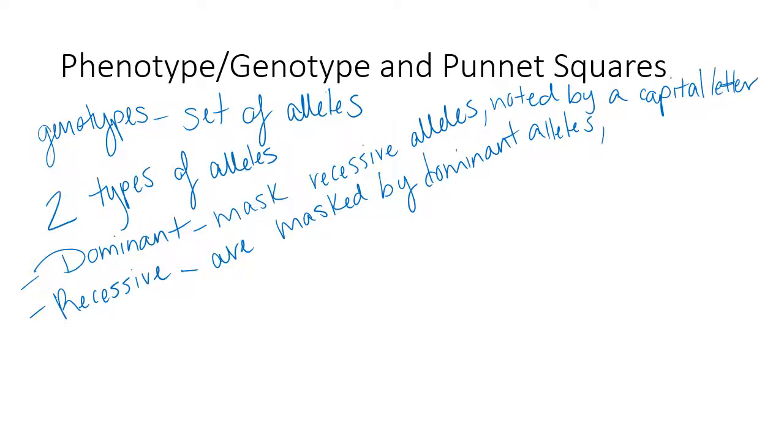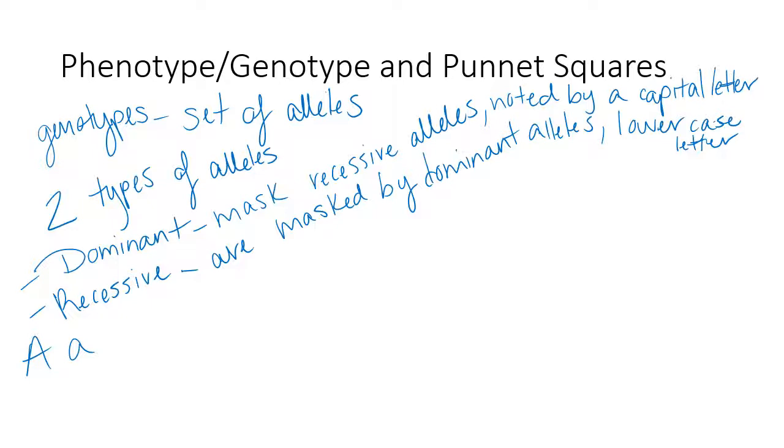And recessive alleles are noted by a lowercase letter. I like to use A's because this is obviously a capital and this is obviously a lowercase. Sometimes when you use like S's, it can get kind of confusing as to which is uppercase, which is lowercase. So I like to just use A's, but you can use whatever letter you prefer.